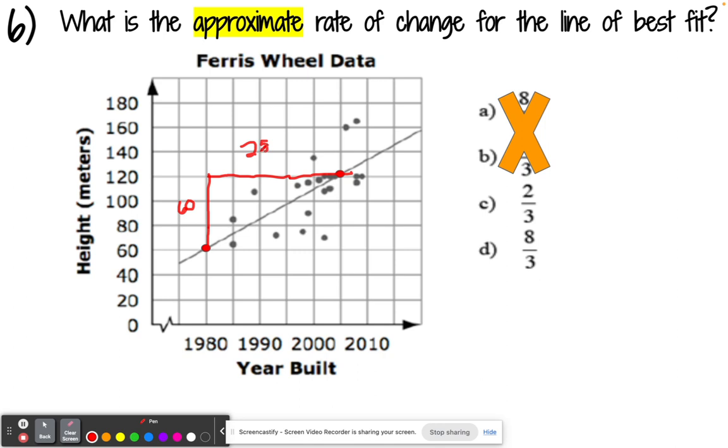So it is about 60 over 25, which I can simplify by dividing by 5. That would be 12 over 5. What's 12 over 5? It's more than 1. It's actually going to be more than 2. It's 2.4.